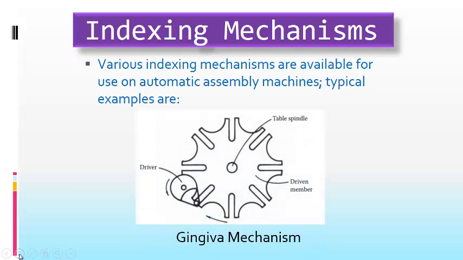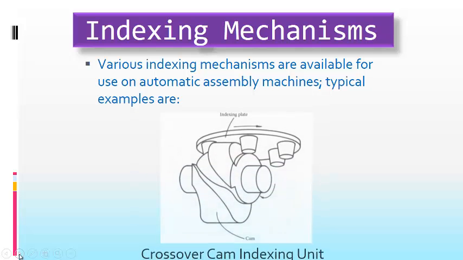The Geneva mechanism is a well-known mechanism, and the number of slits in this mechanism shows the number of stations. It is used not only for indexing machines but for other machines, but it is one of the well-known and well-used mechanisms on indexing machines.